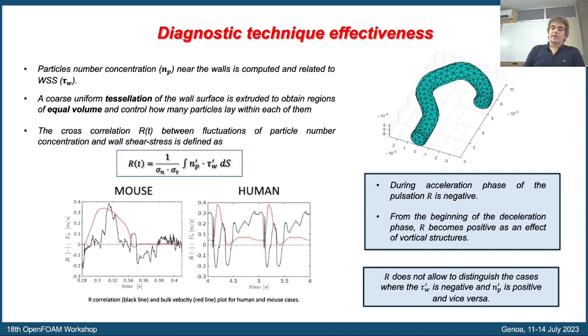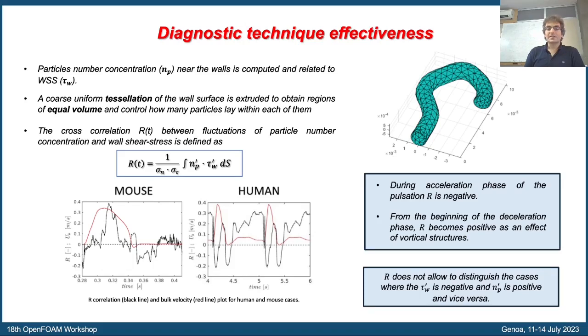We can expect that where this correlation is bad, so you have large stresses and a small fluctuation of particles, these phases are more critical for the diagnostic technique, because you have a large probability of formation of plaque and a small probability that a particle reaches the surface.